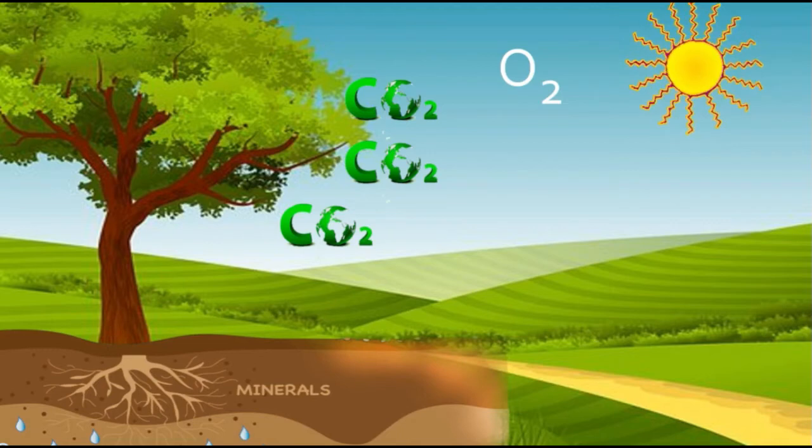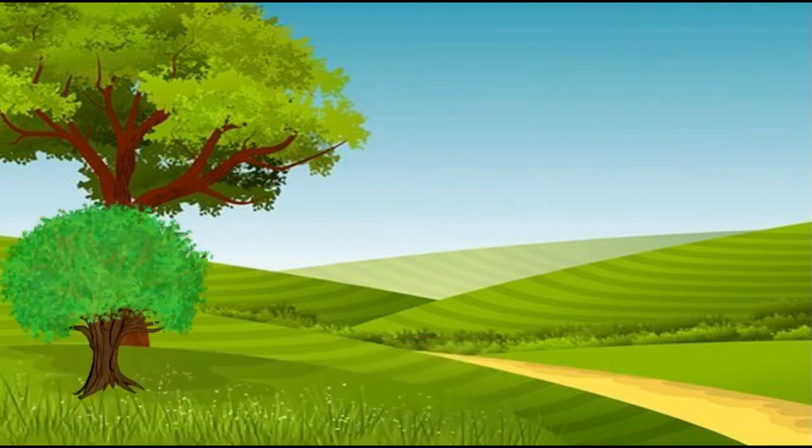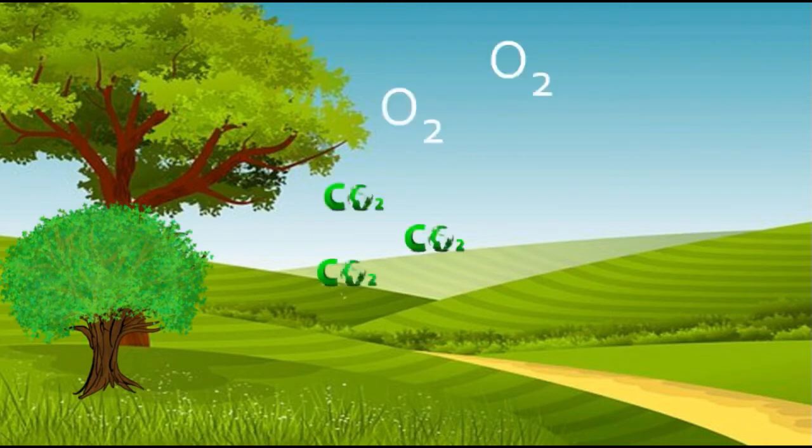And that process is called photosynthesis. More trees, more photosynthesis, and more oxygen in nature. But fewer trees, that is, a lesser number of trees, means less oxygen and more carbon dioxide.